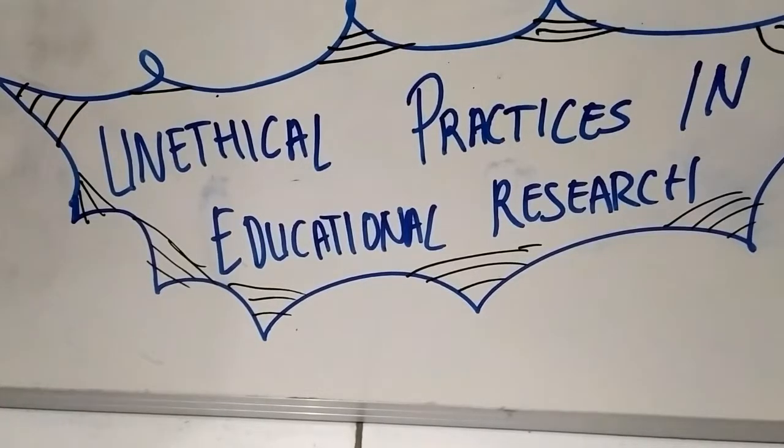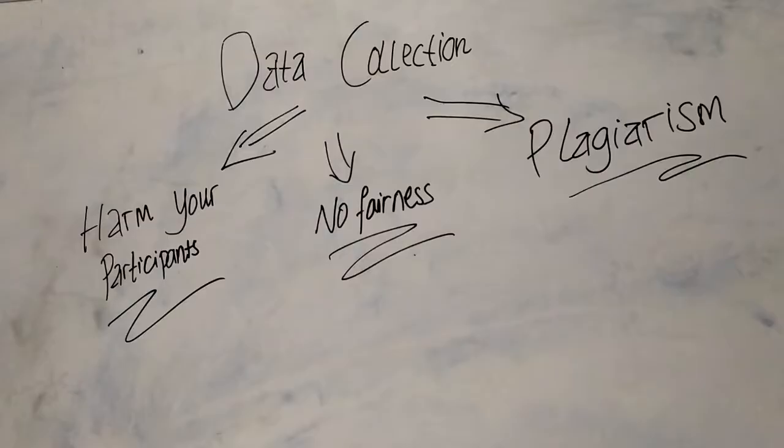The next thing that I want to discuss is unethical practices in educational research. These are examples of unethical practices in educational research. So the first one is harming your participants.